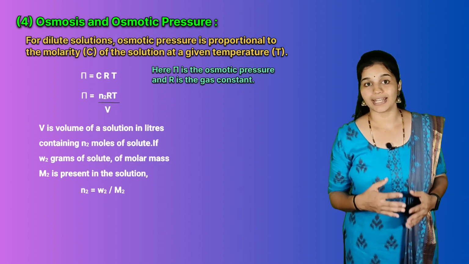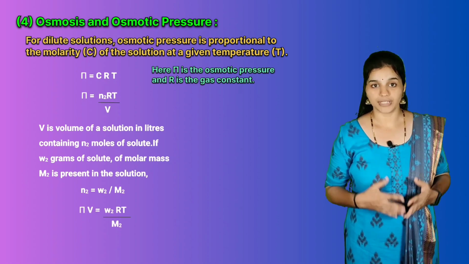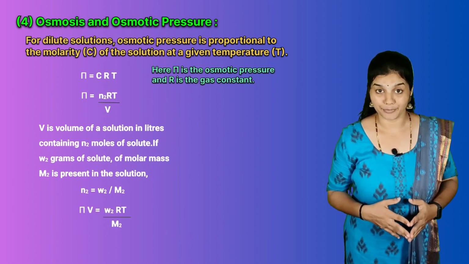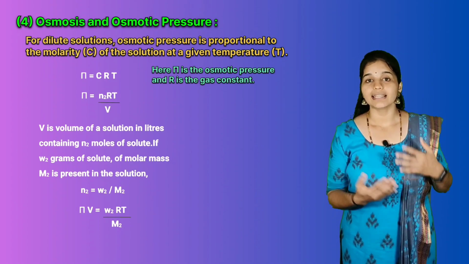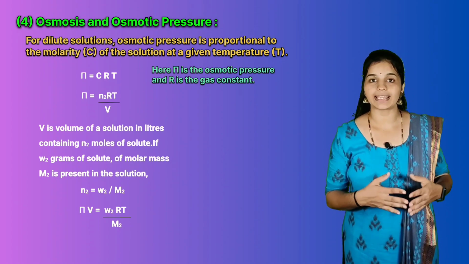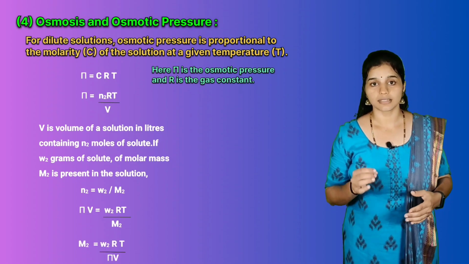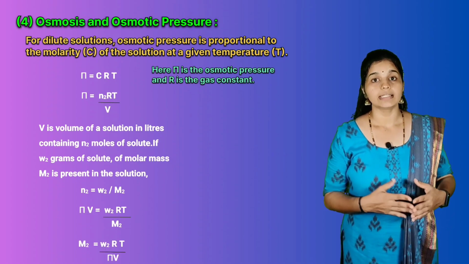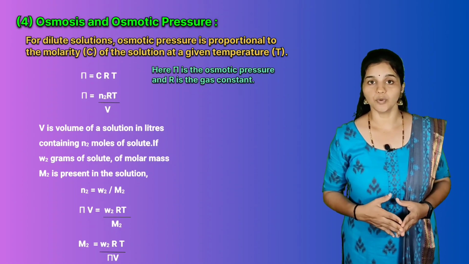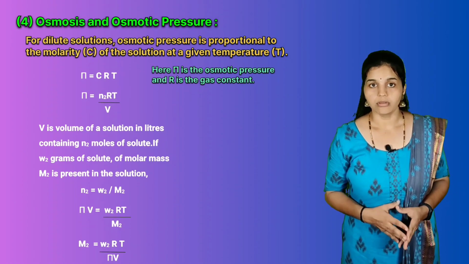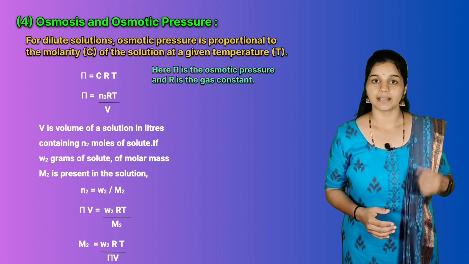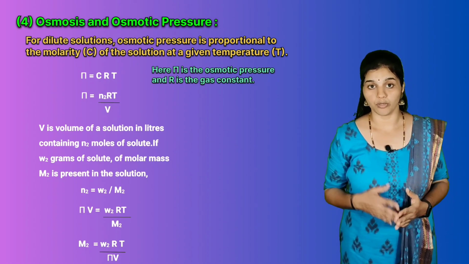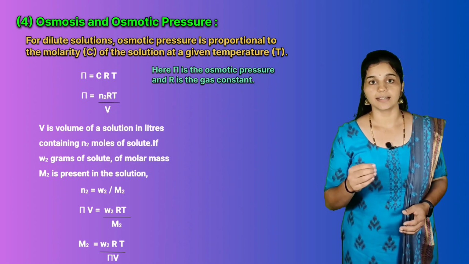And therefore, we can write pi into V is equal to W2 into RT divided by M2. Or rearranging this equation, I can write M2 is equal to W2 into R into T divided by pi into V.